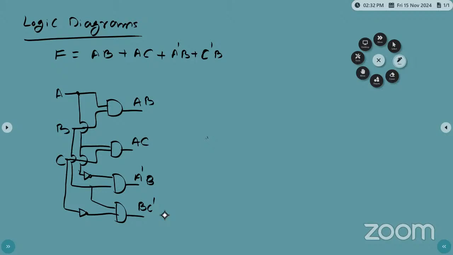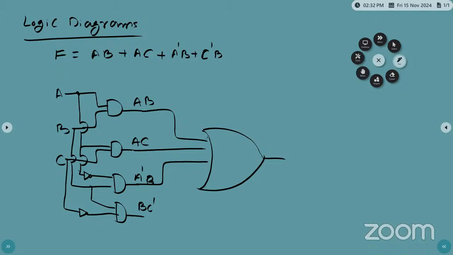What is the plus? OR gate. Now we can take one OR gate. This is the logic diagram for the given Boolean function.